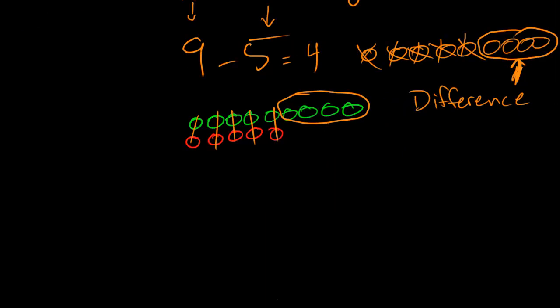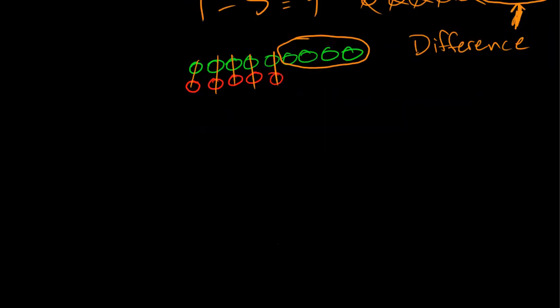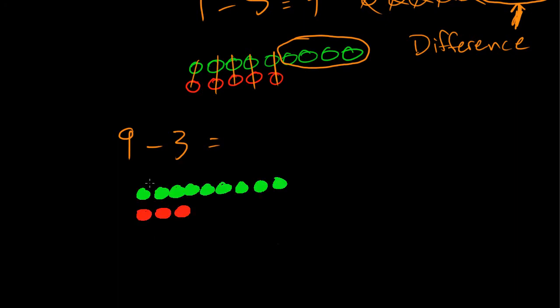Now this idea starts to help come up with a theory of how to do subtraction in a bunch of different cases. If I wanted to solve 9 minus 3 this way, I could picture 9 positives and 3 negatives. And when I cancel out these 3 positives, by using the 3 negatives, I end up with only 6 positives.